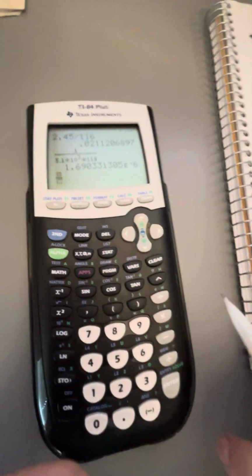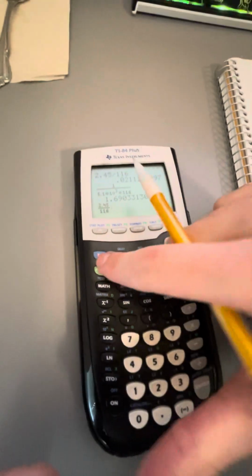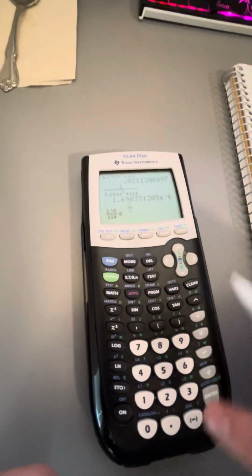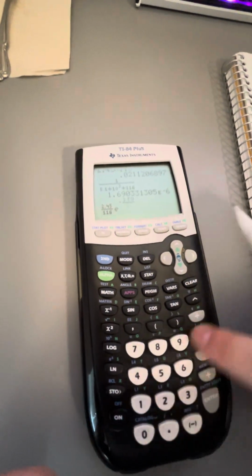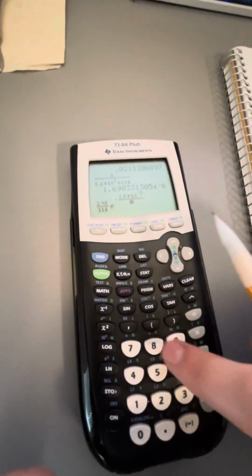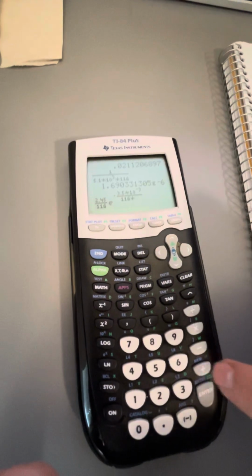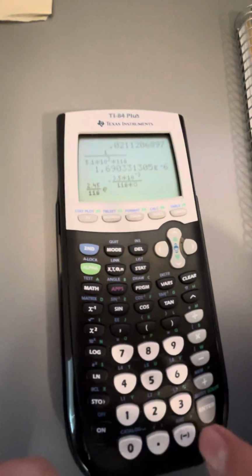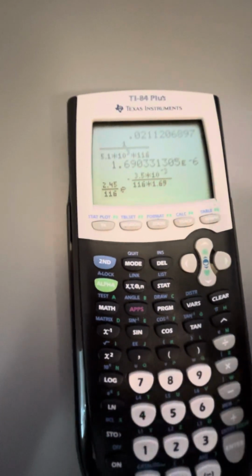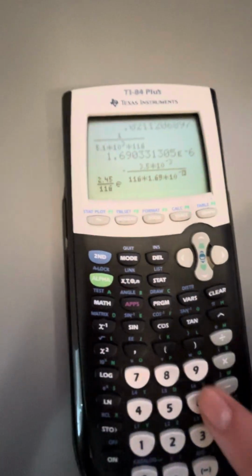So then we plug that all into this, so we can solve for it at the specific time. So we have 2.45 divided by 116 times exponential of, and there's a fraction, negative 3.5 times 10 to the negative third divided by 116 times the capacitance we just solved for, so 1.69 times 10 to the negative sixth.